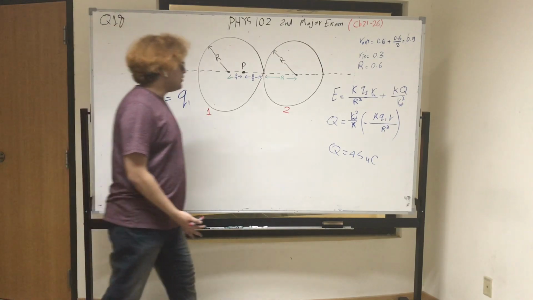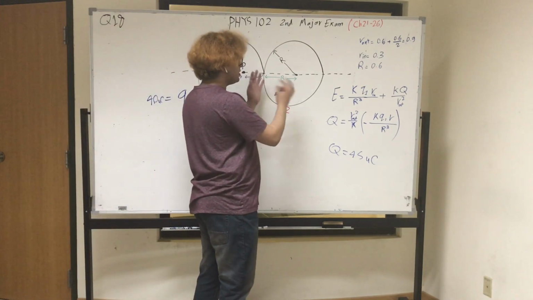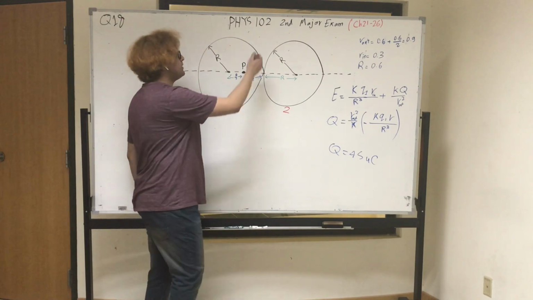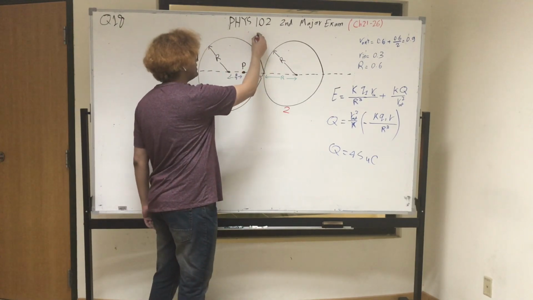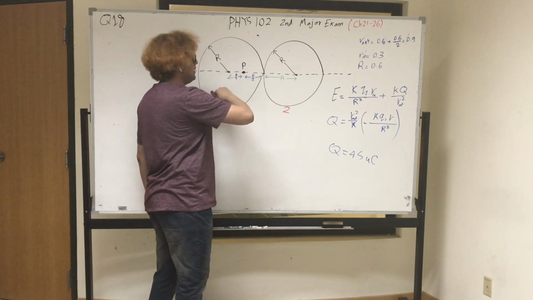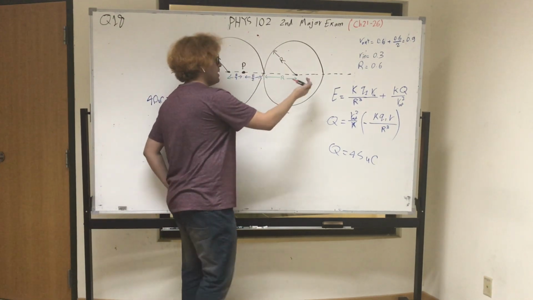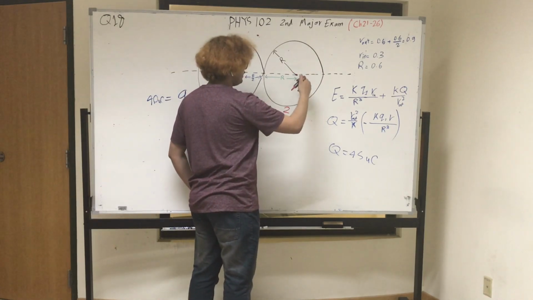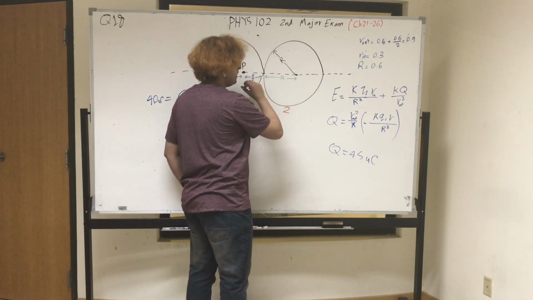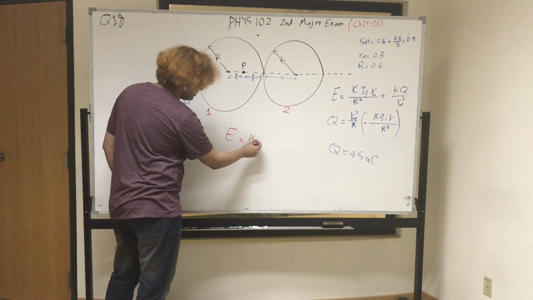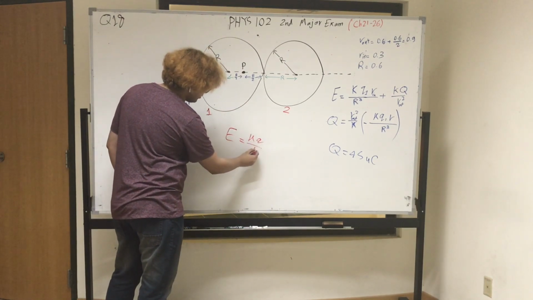So, okay, if we have an insulating charged sphere, and we have to find the electric field at any point outside of this sphere, then we could solve the problem as though this sphere is a point charge at the center. And we could just use the equation for the electric field at a point charge, KQ over R squared.